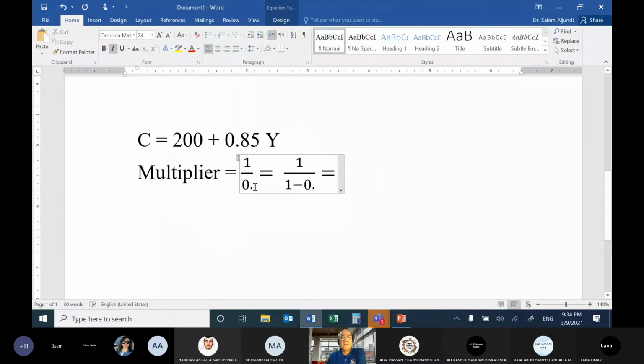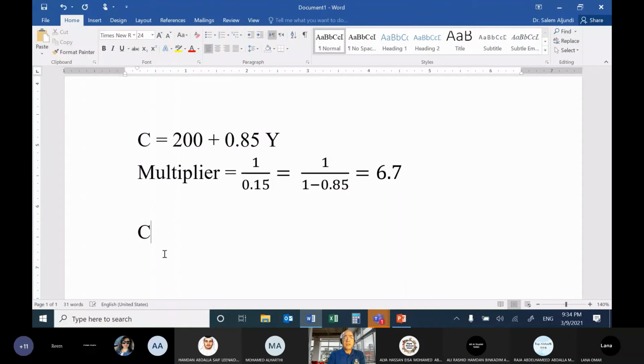Who got the answer? So the marginal propensity to consume is 0.85, and the multiplier is 6.7. Another question. C equals 300 plus 0.80 Y. What is the multiplier?